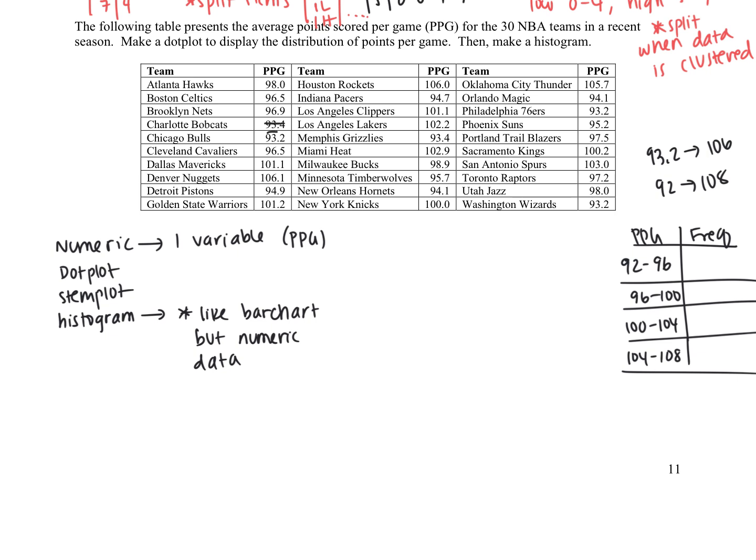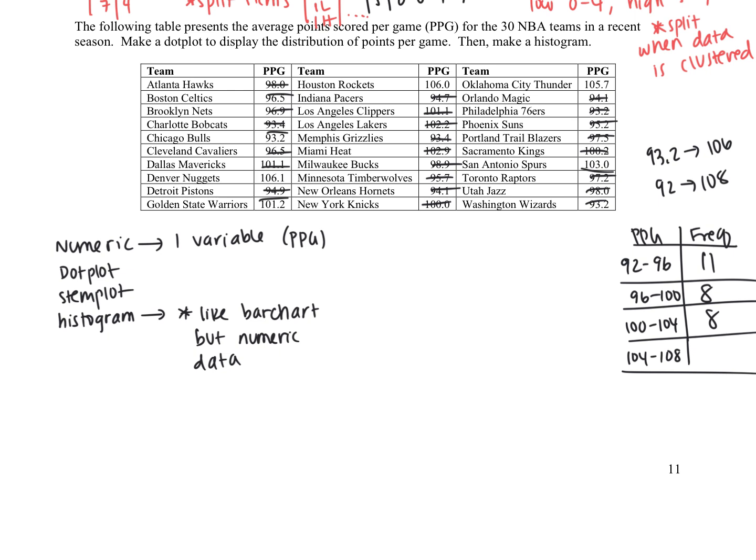So I think there's 1, 2, 3, 4, 5, 6, 7, 8, 9, 10, 11. 96 to 100 would be 1, 2, 3, 4, 5, 6, 7, 8 would be 8. 100 to 104 is 1, 2, 3, 4, 5, 6, 7, 8.